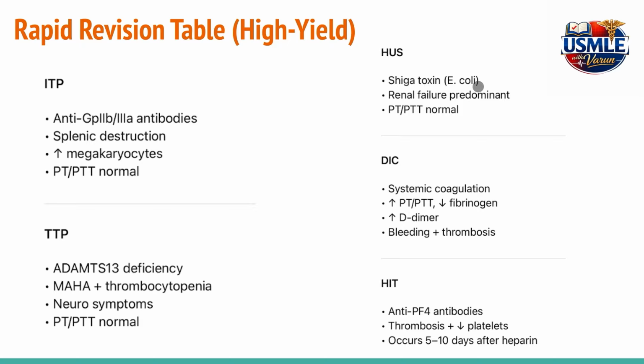Now coming to disseminated intravascular coagulation, this involves systemic coagulation. There is increased PT and PTT. There is reduced fibrinogen. There is increased D-dimer, and this is associated with bleeding and thrombosis at the same time. DIC can present with consumptive coagulopathy, where there's depletion of all the clotting factors, which leads to bleeding.